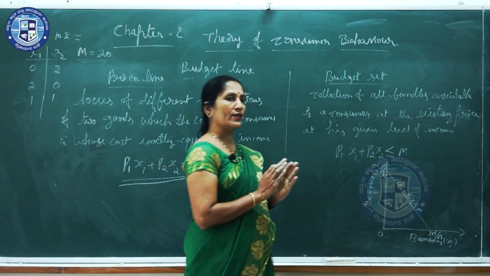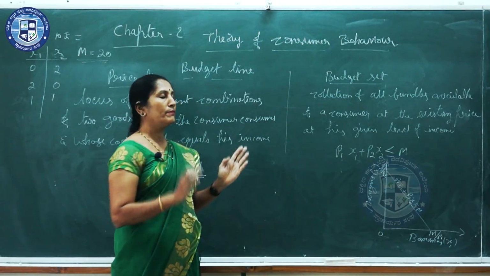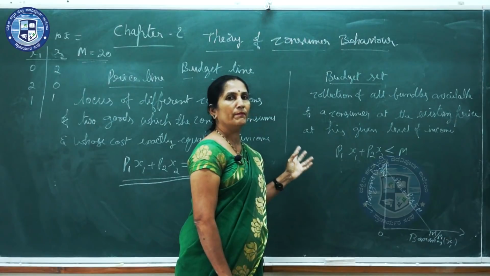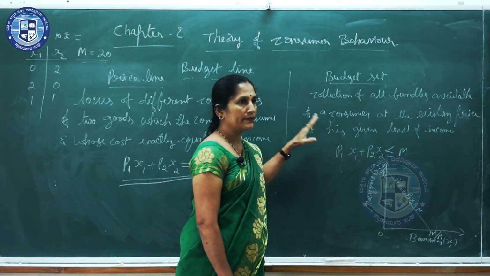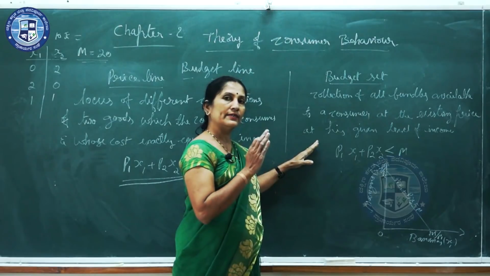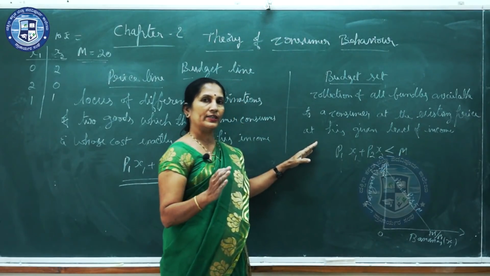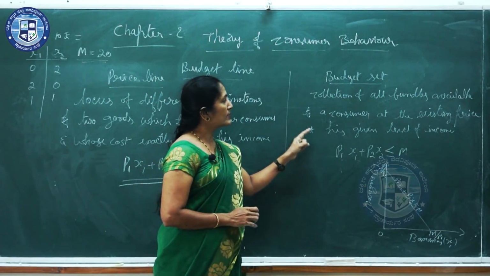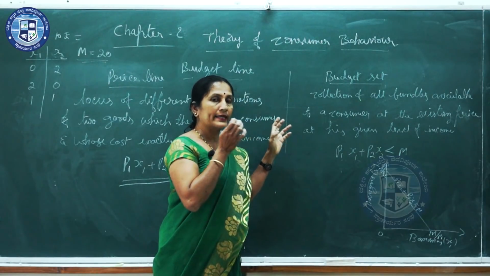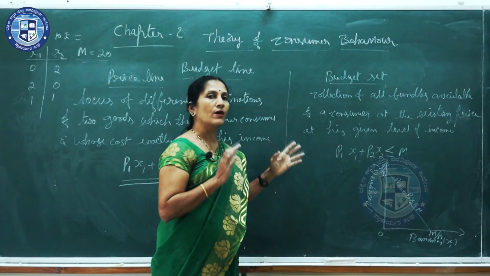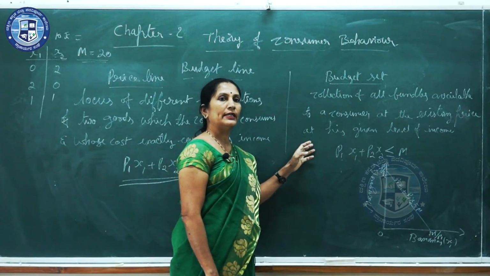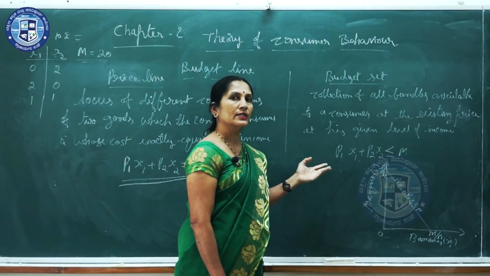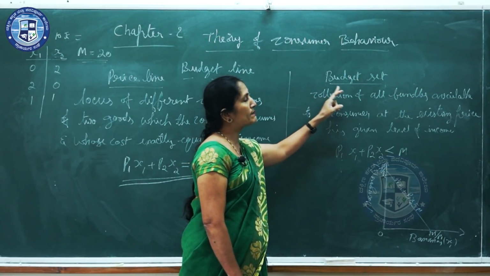It includes all the possible combinations of two commodities the consumer can purchase with his given level of income and at given market prices. Here the money income is not used exactly, which means the cost need not be equal to his money income. He can spend some amount of money to purchase the two goods. That is called the budget set.